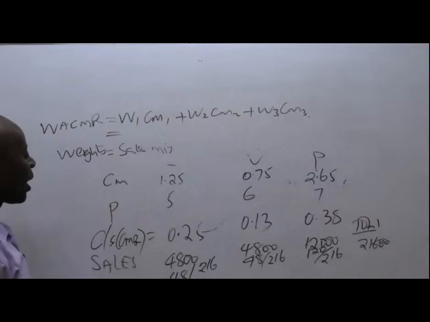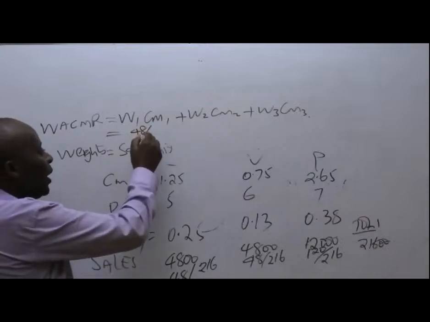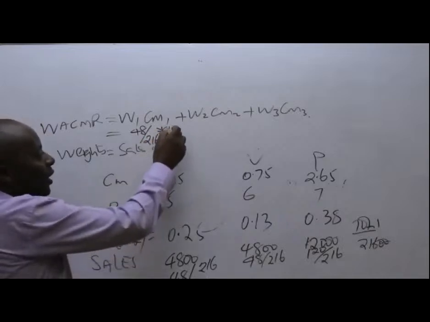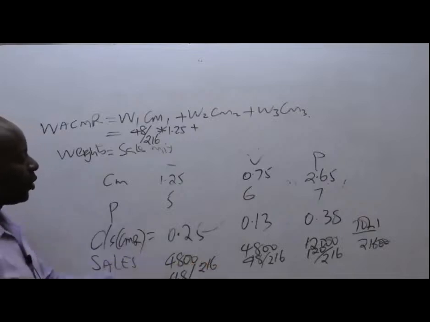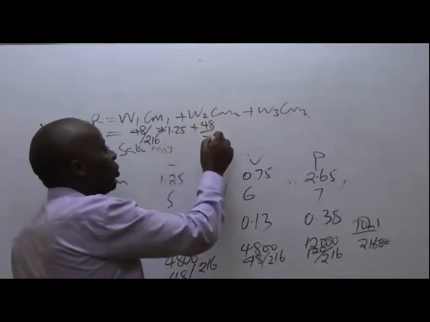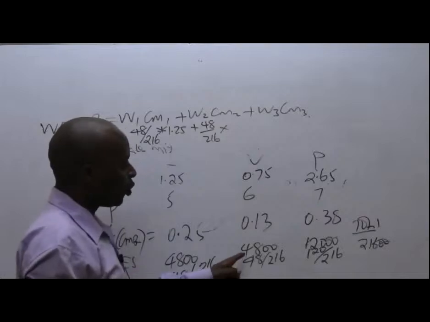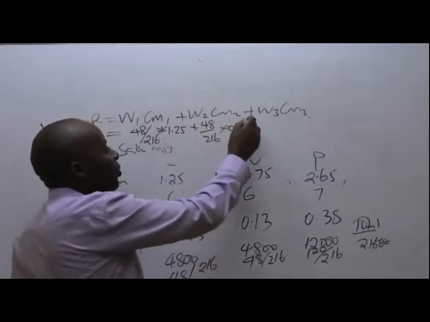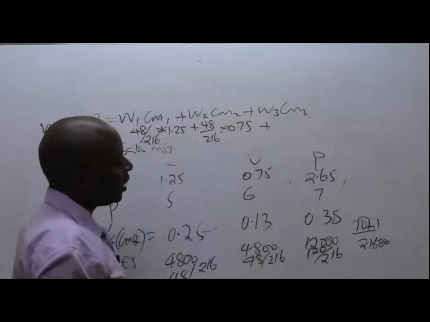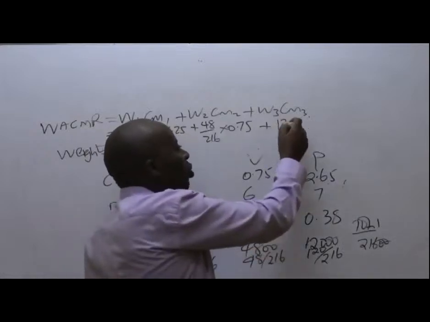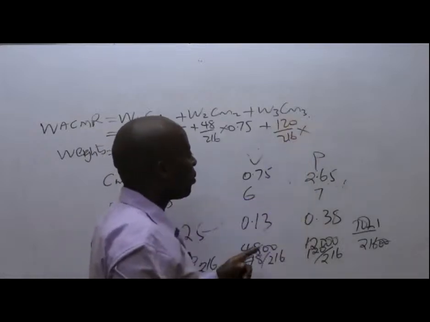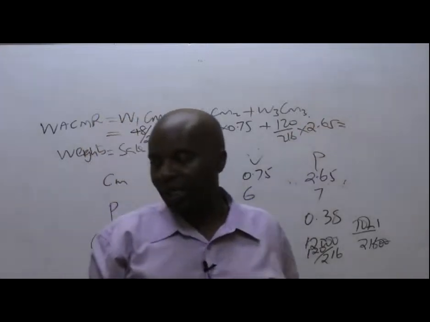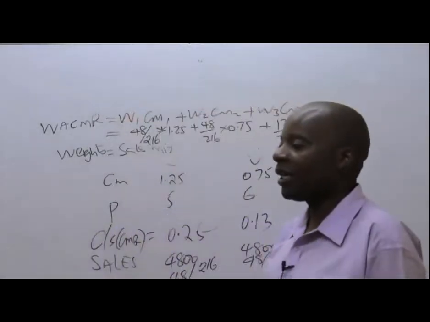Weight 1 here is 48 over 216 times contribution margin 1, which is 1.25, plus weight 2, which is 48 over 216 times contribution margin 2, which is 0.75, plus weight 3, which will be 120 all over 216 times contribution margin 3, which is 2.65. Please give us a figure to write down.